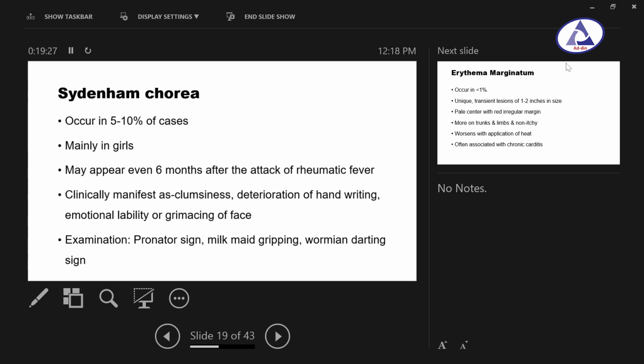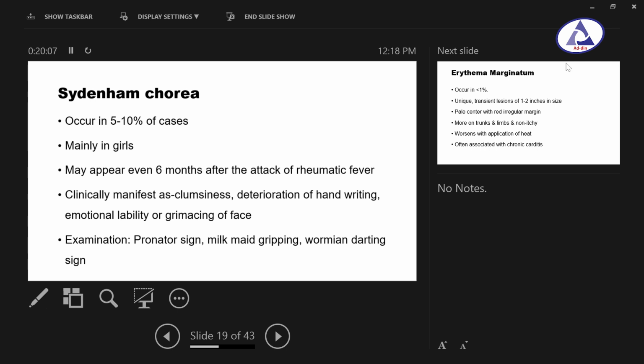Okay? Clinically it manifests as clumsiness and deterioration of handwriting. Deterioration of handwriting is the earliest feature of Sydenham chorea in acute rheumatic fever. There is also emotional lability and grimacing of the face, some facial change. Then, what will be the examination findings of Sydenham chorea?